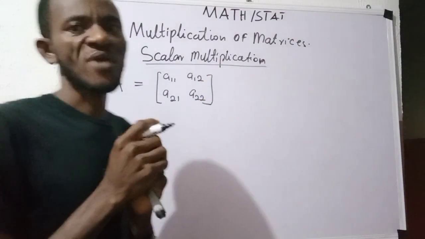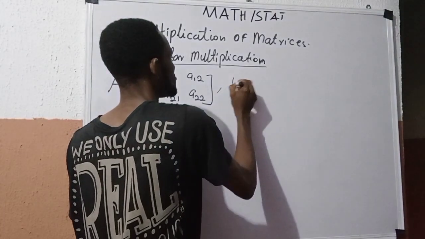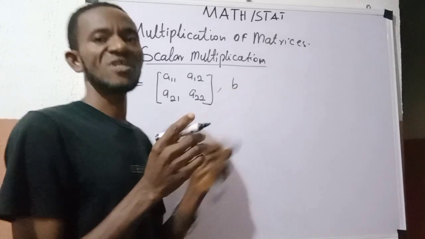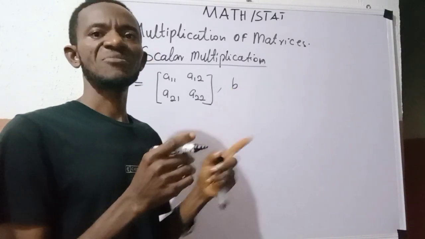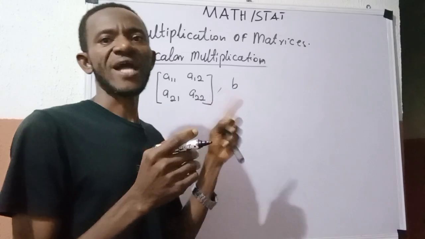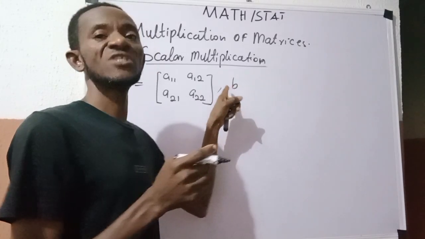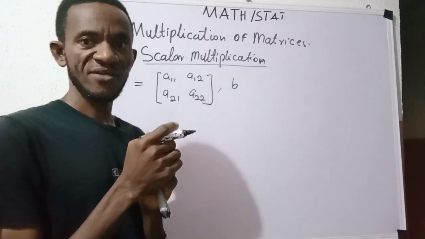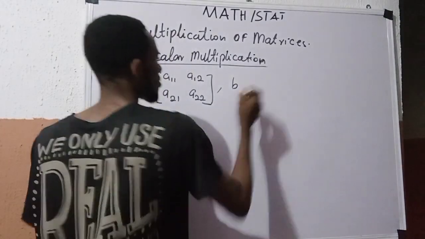Let us say that we have a number defined as B, where this B can be a fraction, a whole number, or a decimal. And then we want to use this B to multiply this matrix. In that case, we are looking at scalar multiplication.